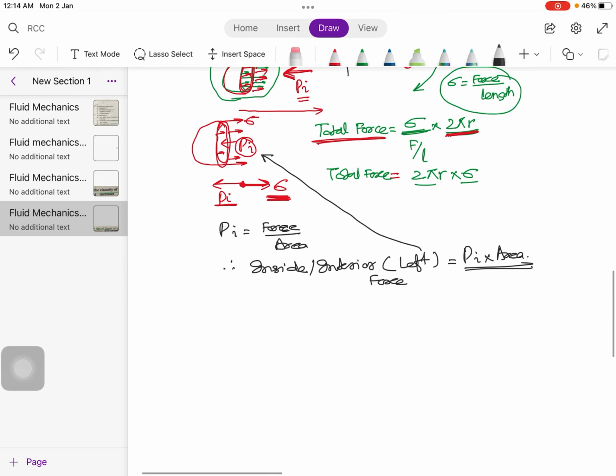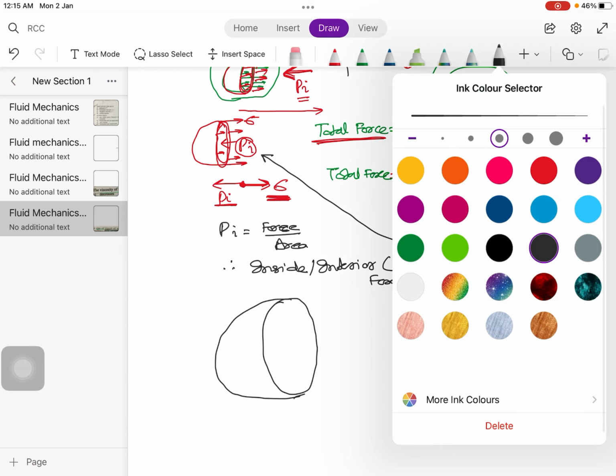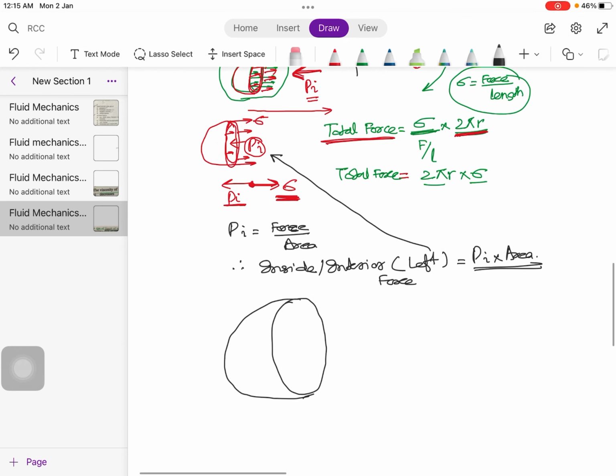In this case of the water droplet, if I zoom in on the surface of this one half of the water droplet, there are surface tension forces, and then there's a force acting per unit area.